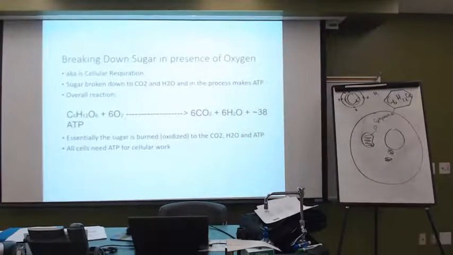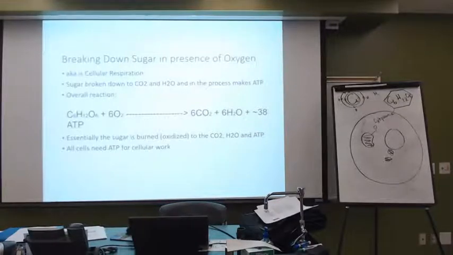Now, in the presence of oxygen, this is what we say is cellular respiration. They call it cell breathing. Because we're using oxygen, we're giving off CO2. Isn't that what we do as an organism?